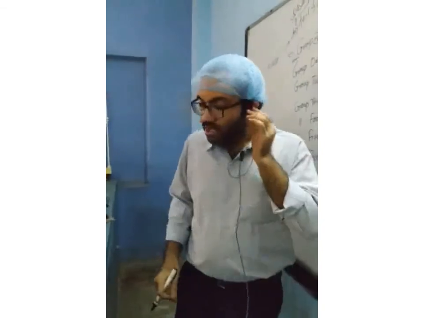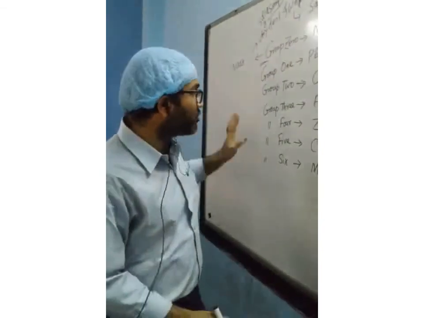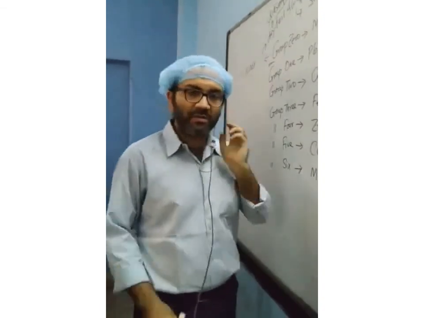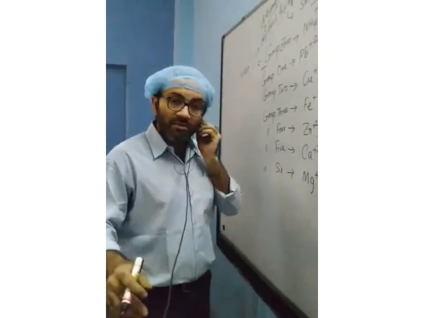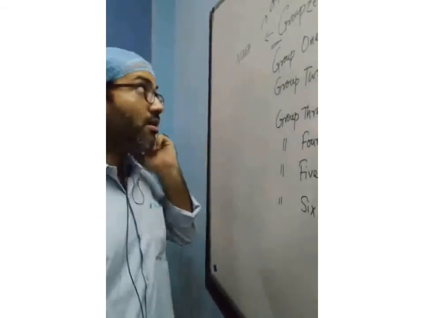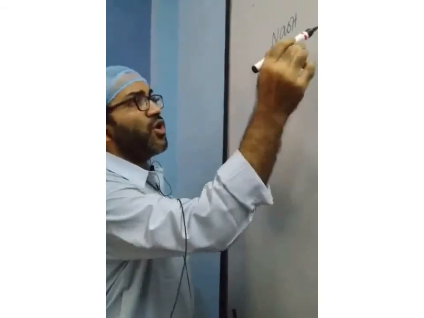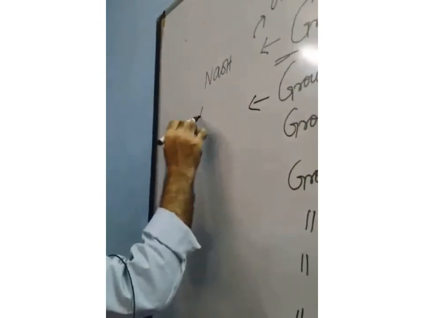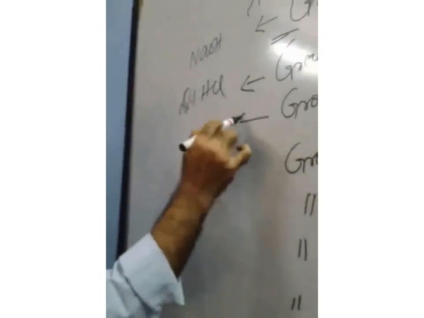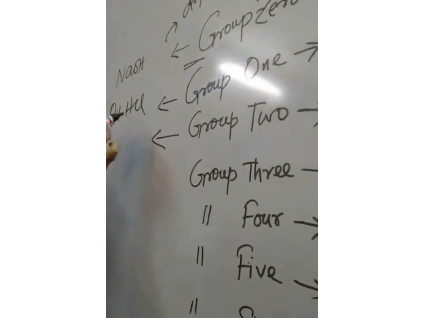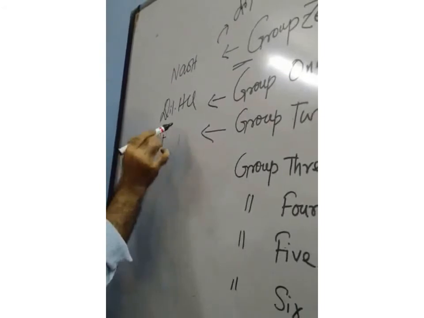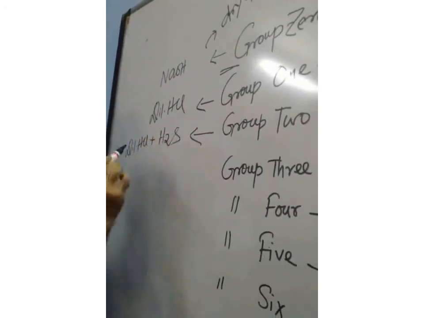Alright, now before we perform one experiment today, I'm going to shift you towards my left so that I can write down the reagents. First one is NaOH. With group 1, the reagent is dilute HCl. With group 2, the reagent is dilute HCl plus H2S.